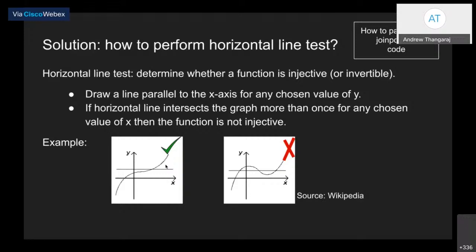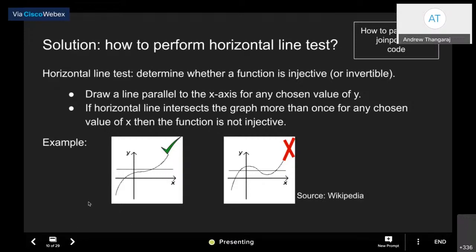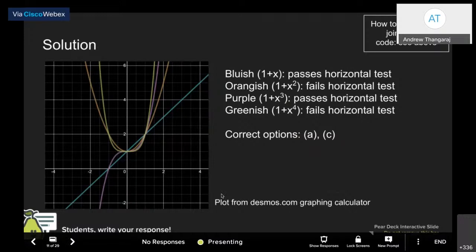And from the sketch, you can quickly identify which graphs the horizontal line fails for and where the horizontal line passes. So I've shown the graph here. Once again, you can see the bluish one passes the horizontal test, the orangish one, 1 plus X squared, fails the horizontal test, and then the purple one passes the horizontal test, and the greenish one fails the horizontal test. Okay, so this is the solution.